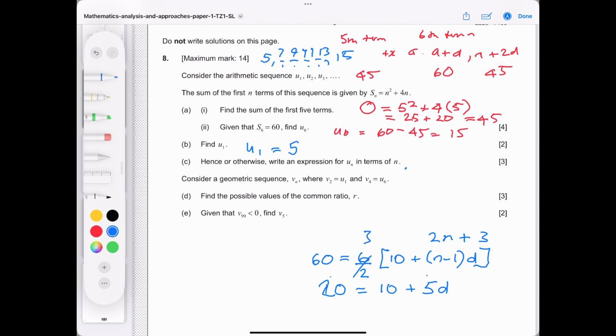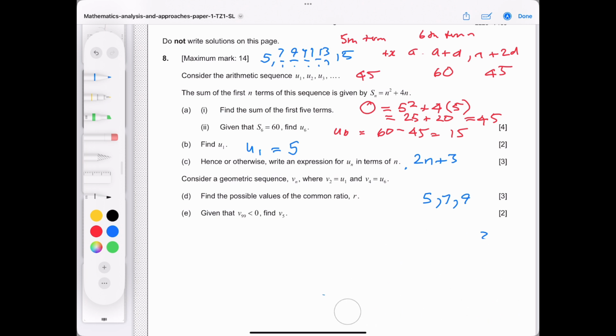So 60 divided by 3 is 20. 20 equals 10, so that's minus 10 equals 10, and that's 5d, so d equals 2. So finally, if d equals 2, and we know the beginning, it goes 5, 7, 9, etc. So we know that that is actually true, so it's 2n plus 3. Okay, that's as far as I'm going to go with that.